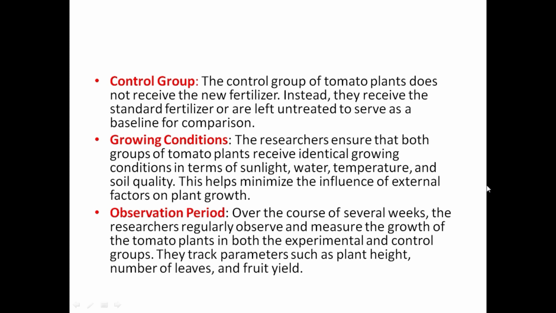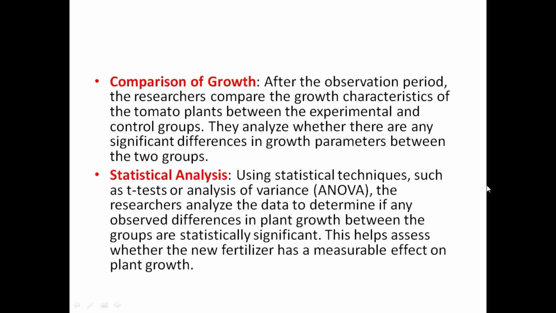After providing identical growing conditions, the observation period starts. They track all the parameters such as plant height, the number of leaves, the fruit yield, the growth of the plant, everything. They compare what happened to the control group and the experimental group, and analyze whether there are any significant differences in growth parameters between the two groups.